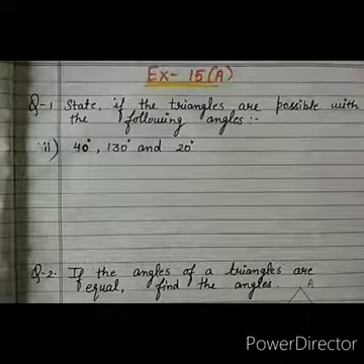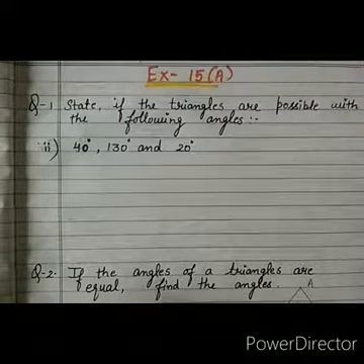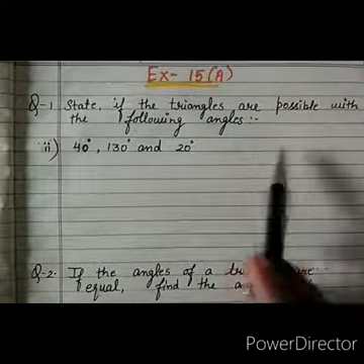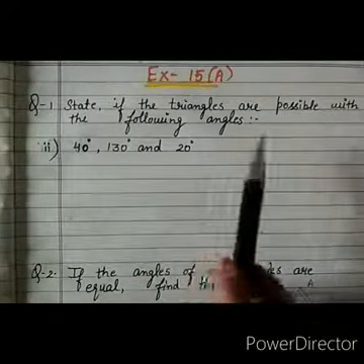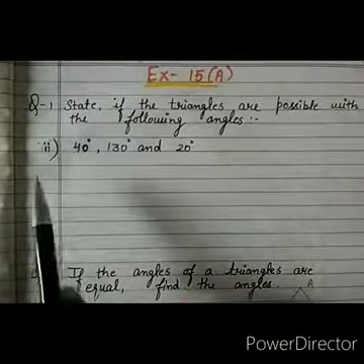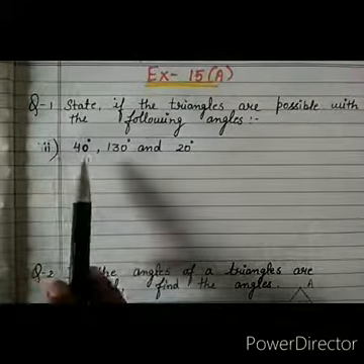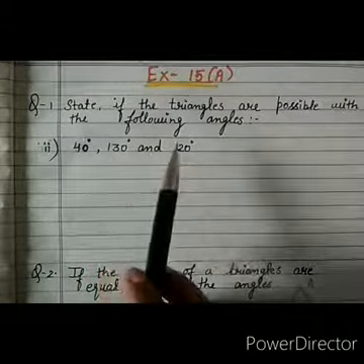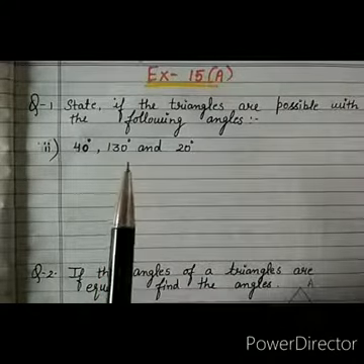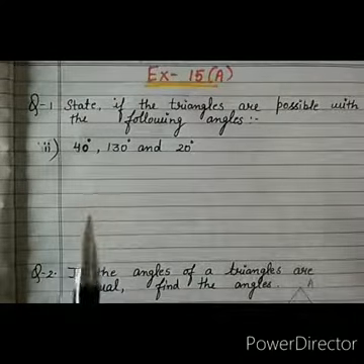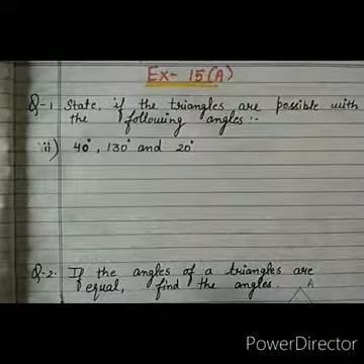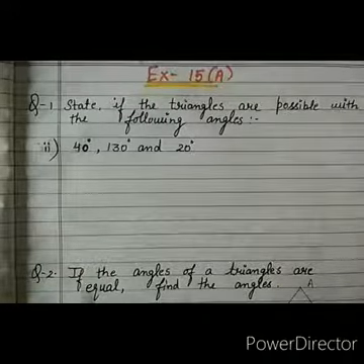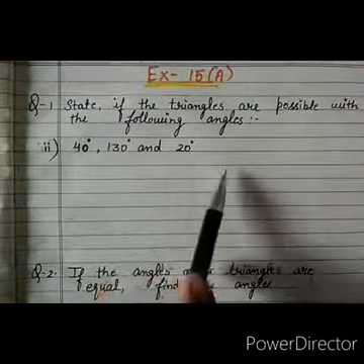Now question number 1 is, state if the triangles are possible with the following angles. Here I am taking the second part, and the angles are 40 degrees, 130 degrees and 20 degrees. In this question we have to tell whether it is possible to form a triangle having these three angles.